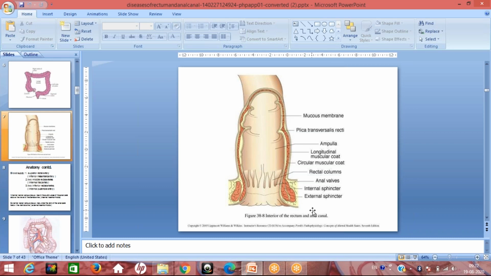So coming to the distal part, the puborectalis and the levator ani continue as the external anal sphincter. The external anal sphincter also has three parts, which were previously mentioned, but now they are viewed as a single part: subcutaneous, deep, etc. And then the internal anal sphincter.